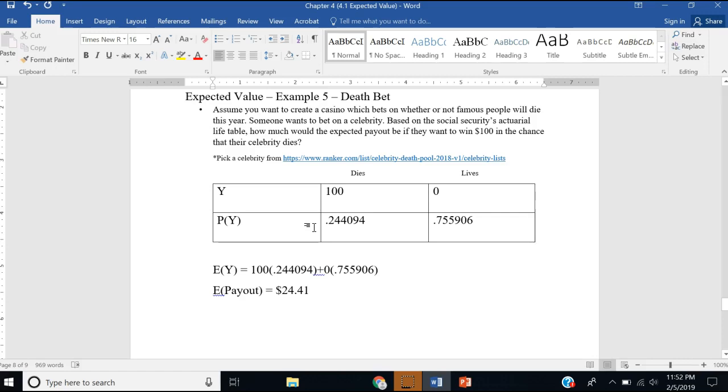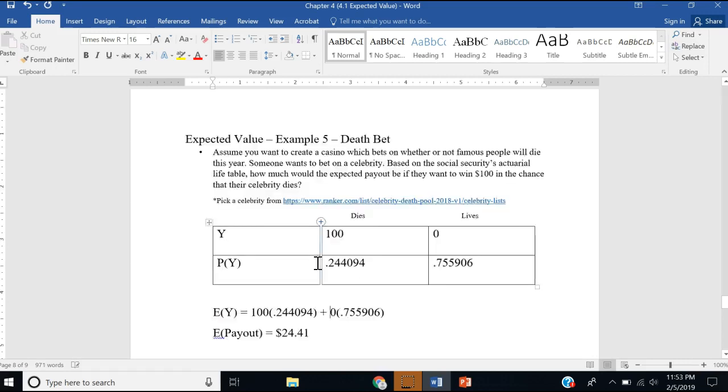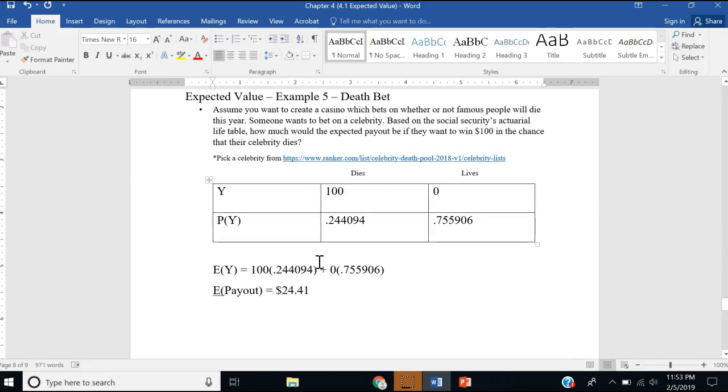You cannot legally bet on celebrities dying, I'm pretty sure. But you can obviously take out a life insurance policy, and lots of people do. So the point is, we still are creating a probability distribution, and we're still calculating our expected payout in the exact same way.